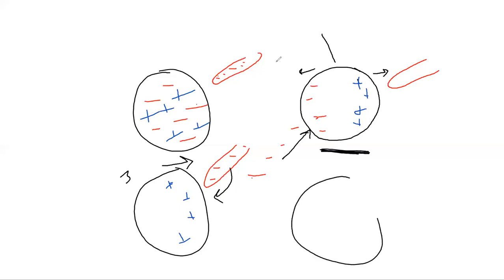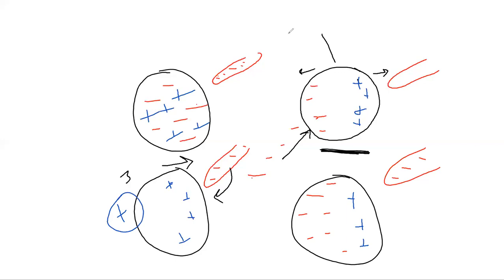And so now what we're going to have is a sphere that now has a lot of negatives in it. Still going to have some positives, all right? But now it's going to become negatively charged. So it was positively charged here, right? But now it's going to be negatively charged here because it came into contact.